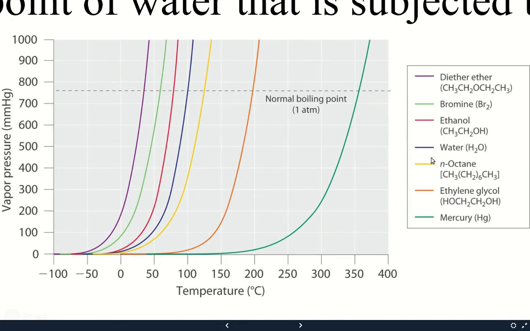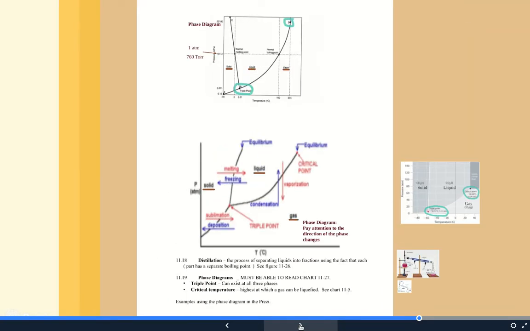And then, let's see, this is what diethyl ether looks like. Mercury, the metal mercury. Okay, that's this one right here. So its normal boiling point is above 350 degrees Celsius. See, at 760 torr, go across, find the curve for mercury, and go down and read it. Okay, so I hope you understand how to read these. I will review those with you in class as well. And these are the ones that you have in your notes.